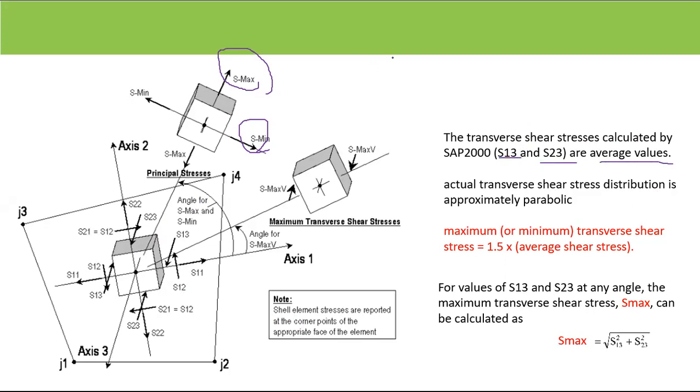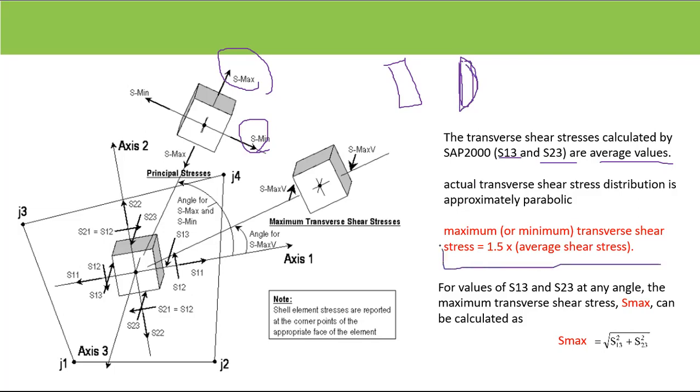It's like an average shear distribution, but you know that it's not like that. Shear stress distribution is something parabolic, right? So even for a rectangular element, it is 0 at the ends. At the middle, it's maximum, right?